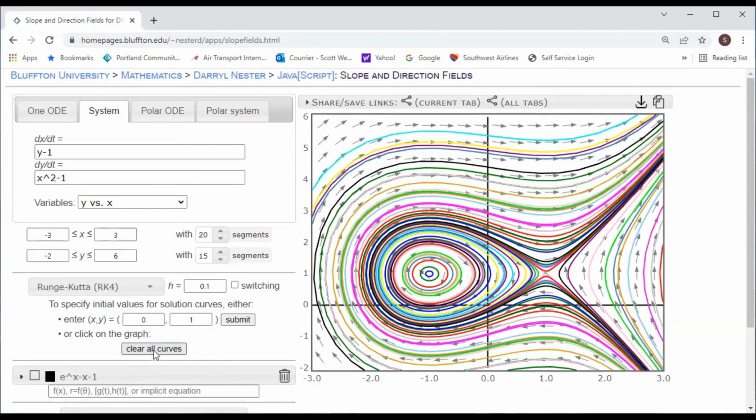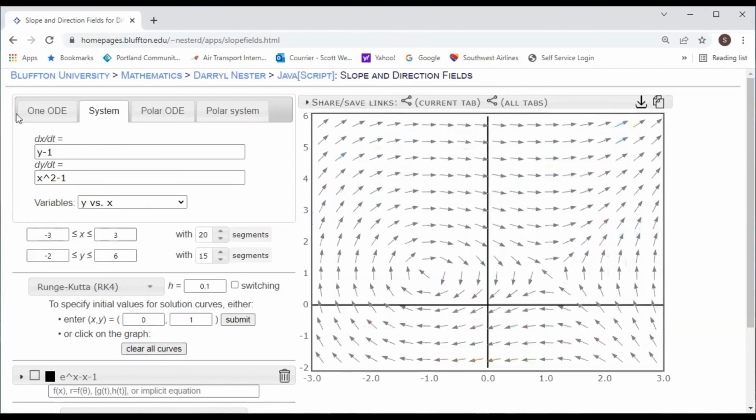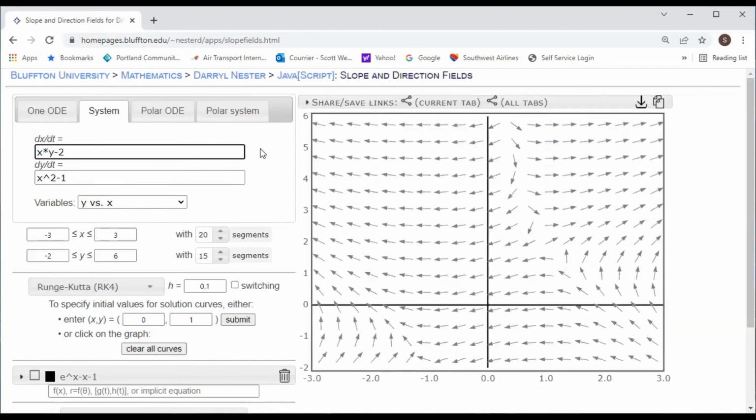Okay, so that was example C. Once again, confirmed. All right, now let's try example D. So that was xy, and here you have to do x times y, otherwise it thinks you're using a variable called xy. And then x minus 2y.